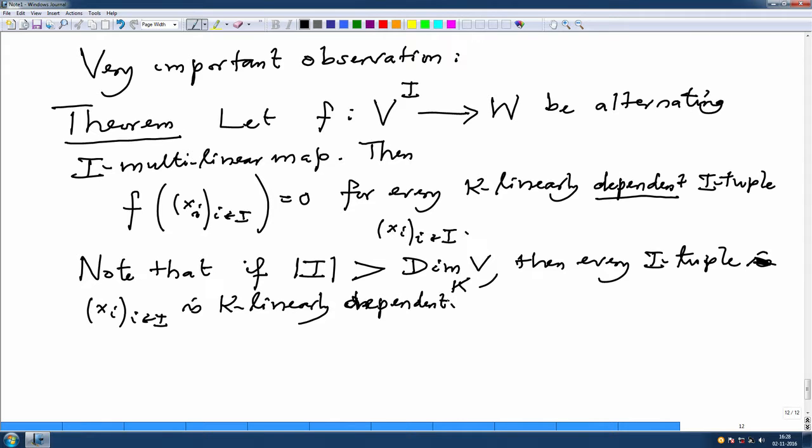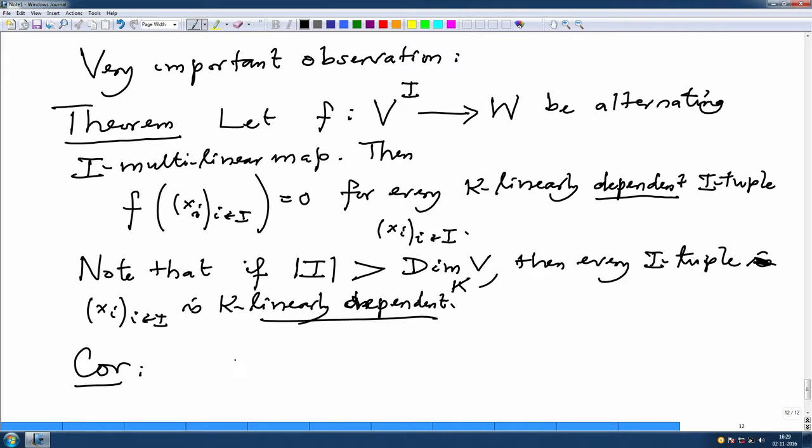That is because we have proved that every linearly independent subset can be extended to a basis, and every two bases have the same cardinality as the dimension. So definitely every tuple which has more components than the dimension has to be linearly dependent. So an immediate corollary to this theorem will be that there is no nonzero alternating multilinear map if the cardinality of I is more than the dimension.